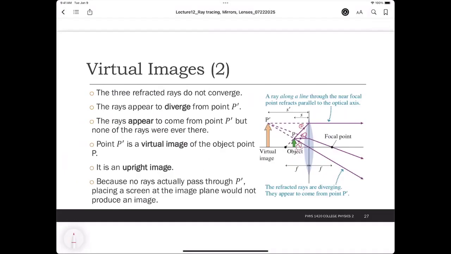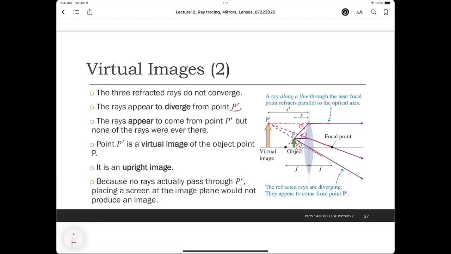They will not converge, and the rays appear to diverge from point P prime. They appear to come from the point P prime, but none of the rays were ever there. It appeared to come from P prime, but it's not. The point P prime is a virtual image of the object point P.